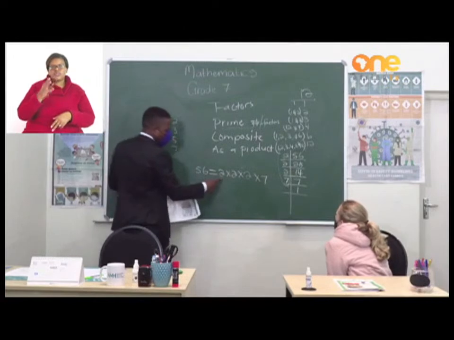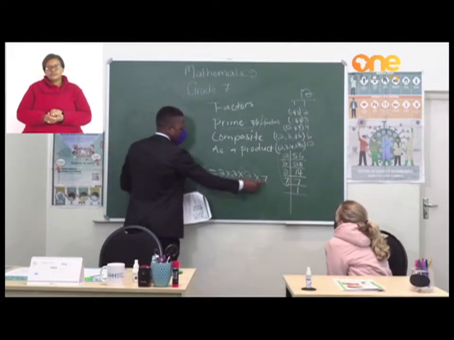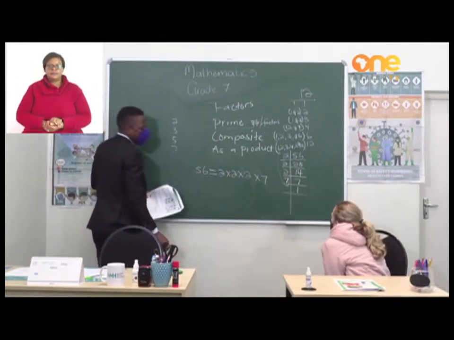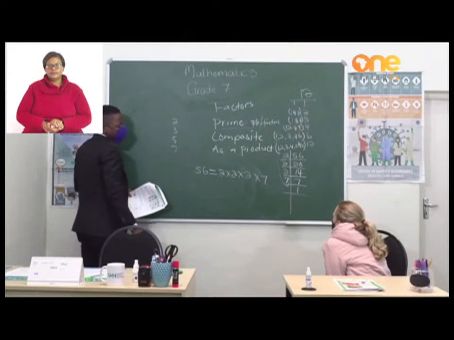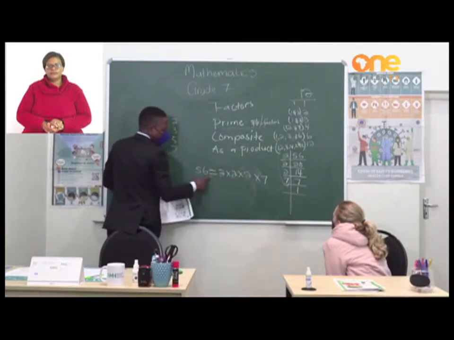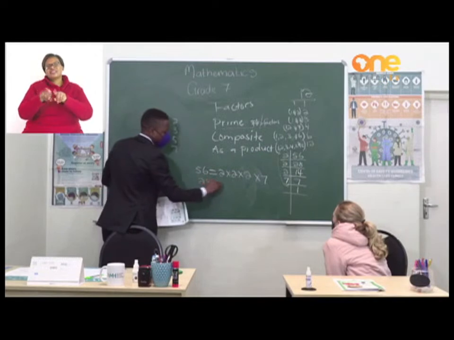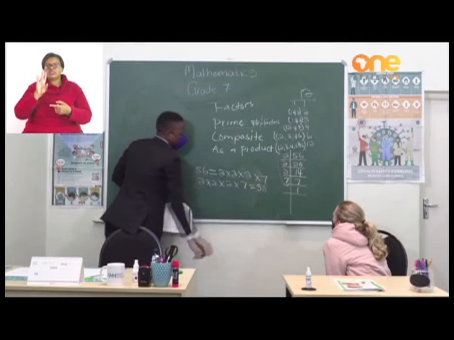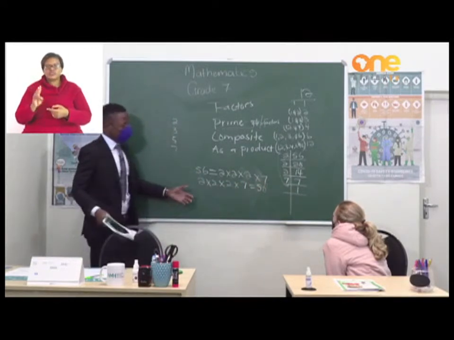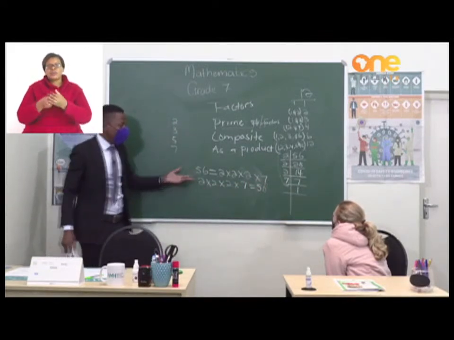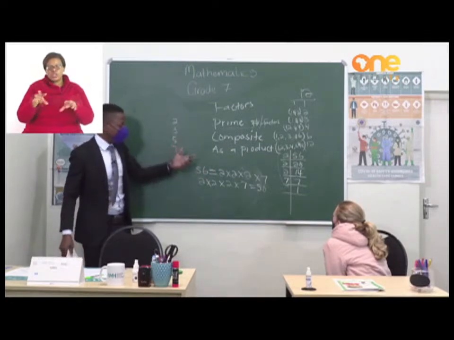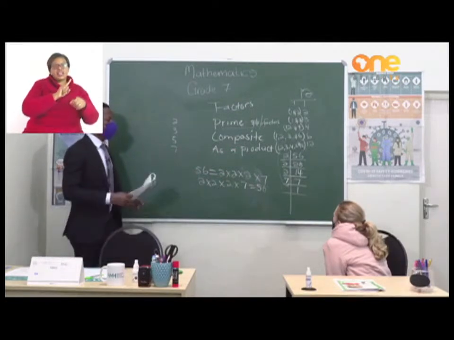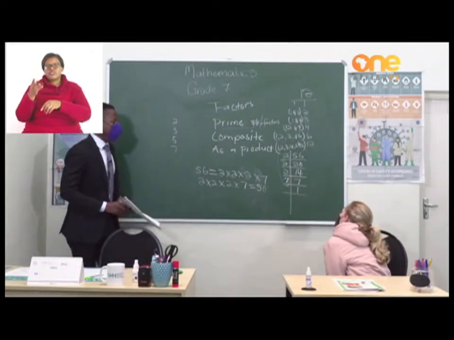So if you multiply 2 times 2 times 2 times 7, you get 56. Writing in this way, or you can write it 2 times 2 times 2 times 7 gives 56. They are both correct. The only arrangement I changed is 56 to be on the other side and here to start, so it's still the same.